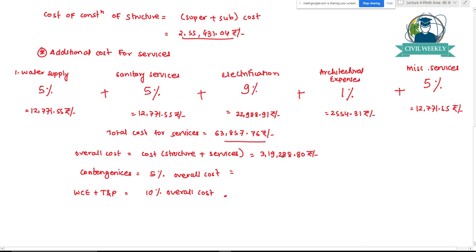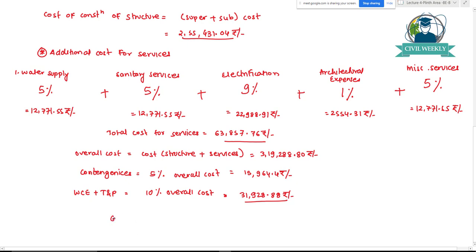So 5% of 3,19,288 will work out to be 15,964.44 rupees. Okay. And for work charge establishment and tools and plants and machineries, 10% of 3,19,000 will work out to be 31,928.88 rupees.